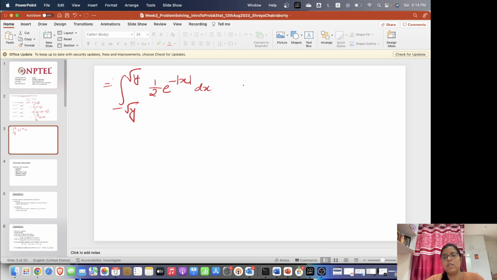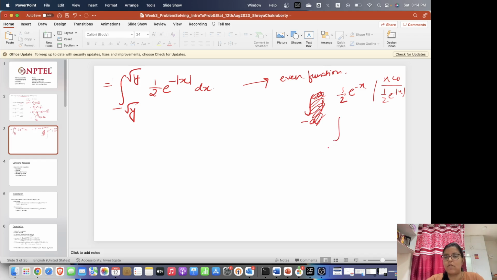Now this one is an even function. So when we have something like minus a to a, if x is positive, it's half e to the power minus x, and if x is negative, then also this is half e to the power minus x, and these bounds are the same.